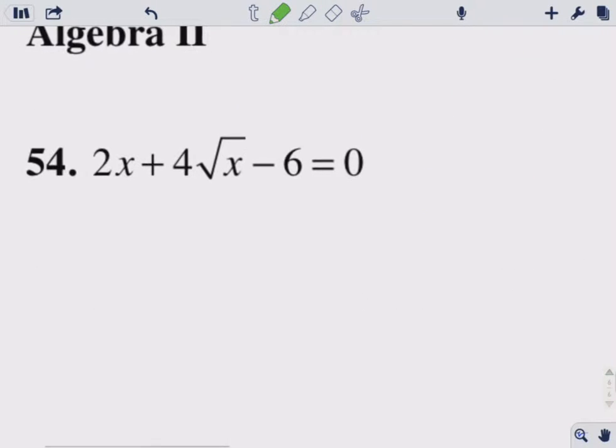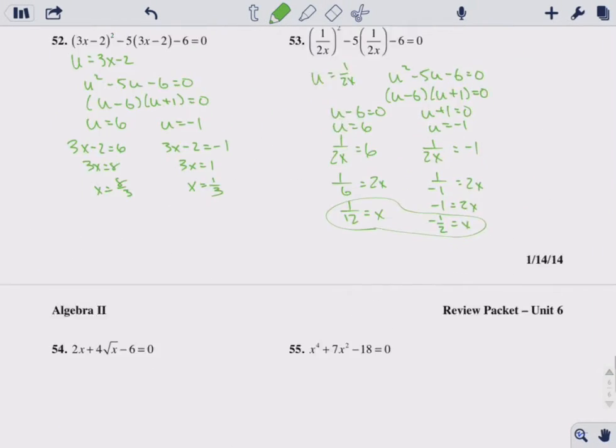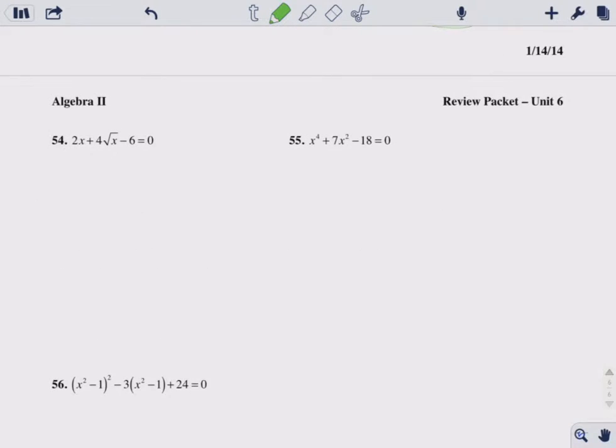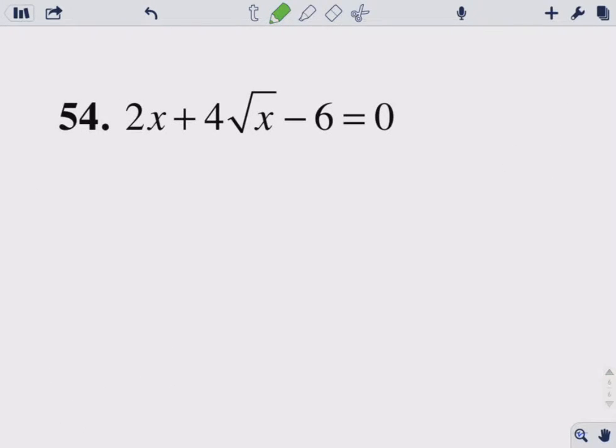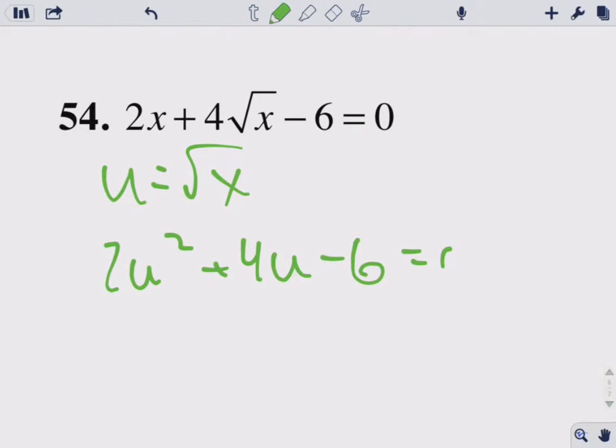Okay, same type of concept. Now we'll finish it out with the last three on this one. Alright, so u is equal to the square root of x. So I get 2u squared plus 4u minus 6 is equal to 0. Can divide everything by 2.